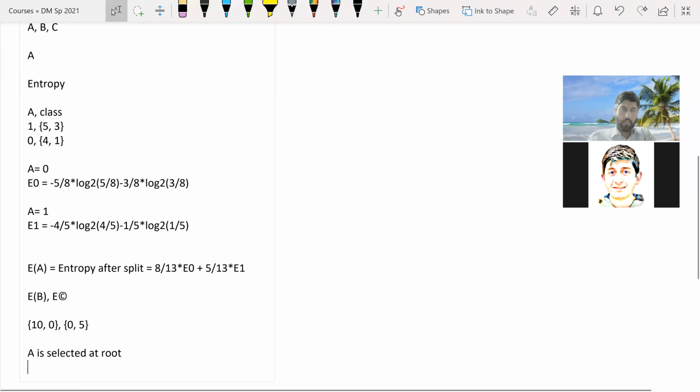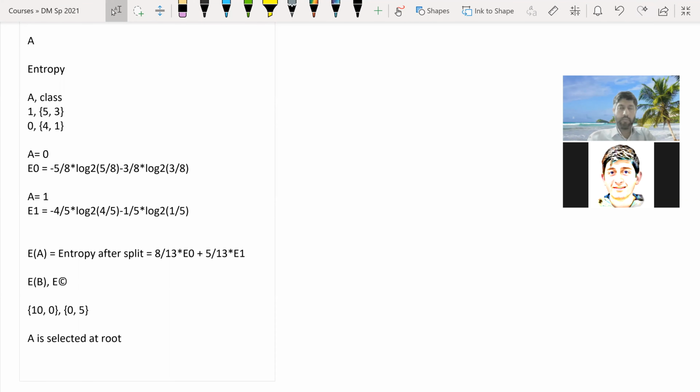Once you have selected A, you move down the tree. A has of course 2 branches, 2 children, one for A is equal to 0 and one for A is equal to 1.